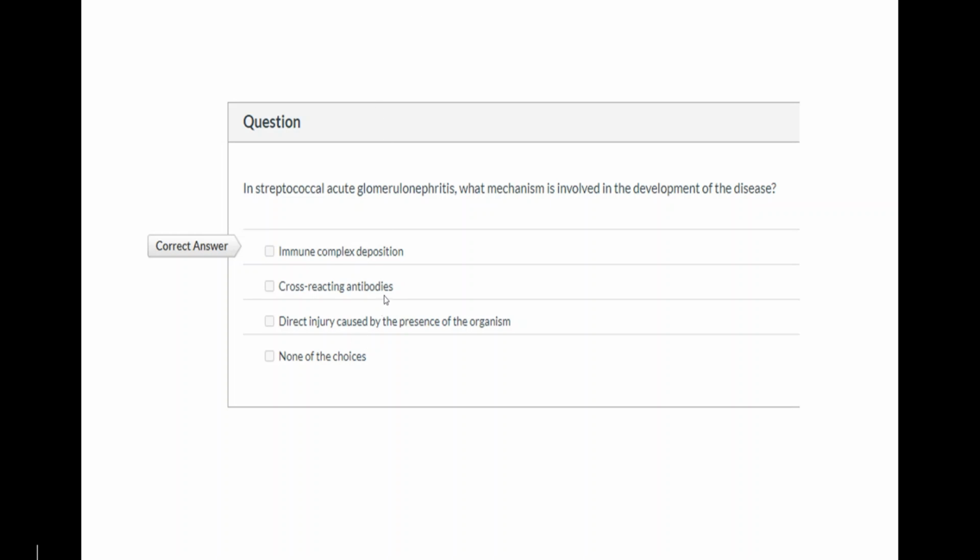Cross-reacting antibodies is true for rheumatic fever. Direct injury caused by the presence of the organism is not the correct answer because remember, acute glomerulonephritis is a post-streptococcal sequela, meaning this condition will result following or after a Streptococcus pyogenes infection. So in this case, the organism is no longer present.